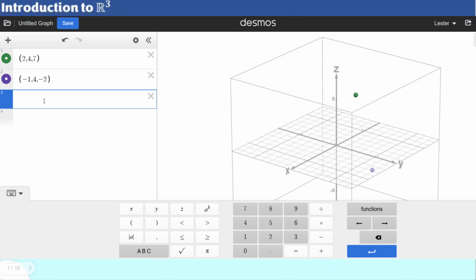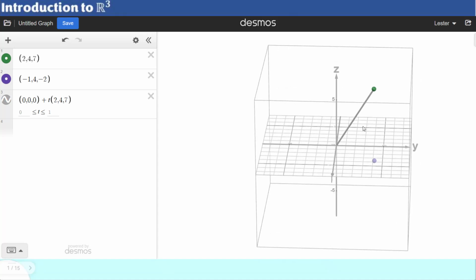So if we start with 0, the origin, okay, (0, 0, 0), plus a certain multiple t of our vector (2, 4, 7), you would see that a line is actually forming here. You would see that it ended until our vector (2, 4, 7).